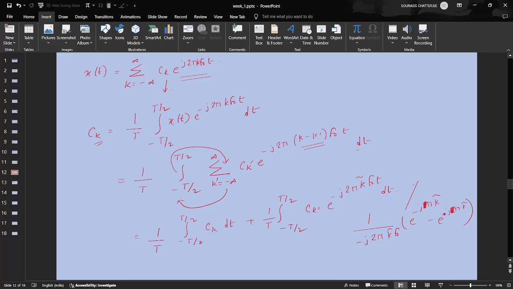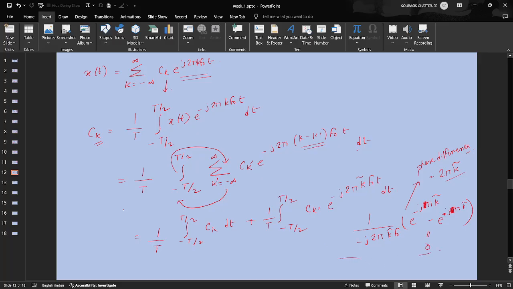You can see the phase difference between the two sinusoids here is pi k minus minus pi, that is 2 pi k tilde, where k tilde is some integer, and whenever the phase difference is an integer multiple of 2 pi, this term goes to 0.